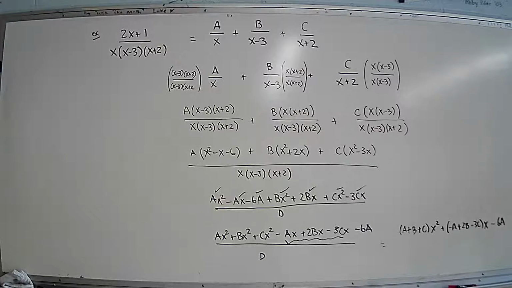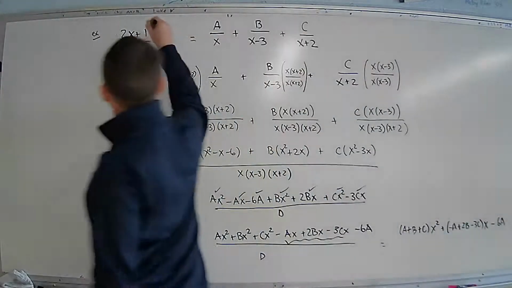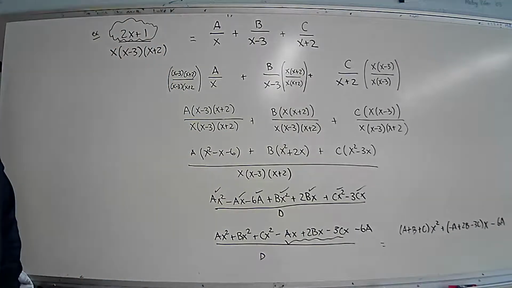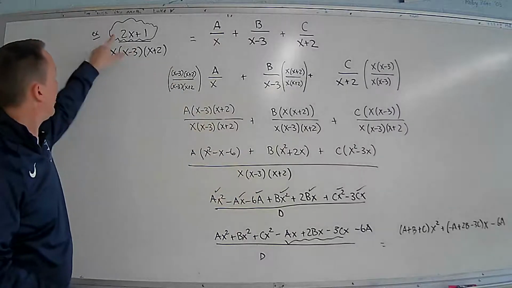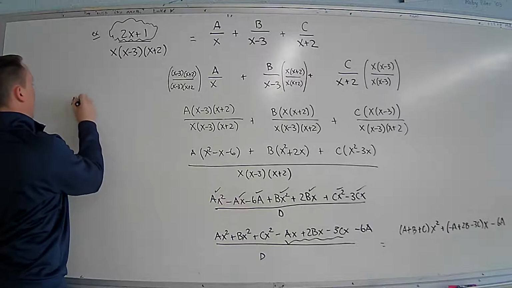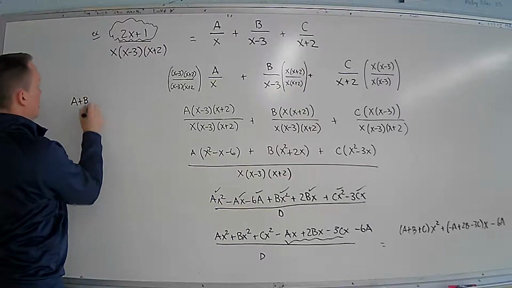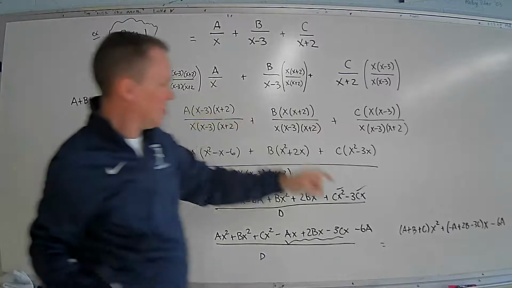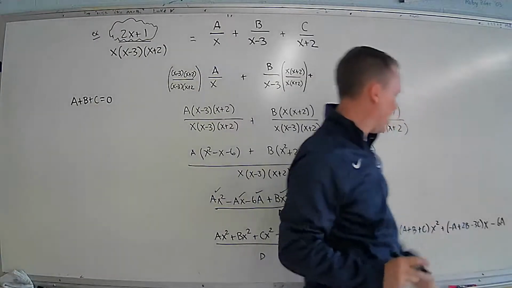So now we can do this thing with equating the coefficients. We're going to go back up here and we're going to look at this. And we're going to say, all right, what's the coefficient on x squared up here? Oh, there isn't one. So it's 0. So a plus b plus c has to equal 0. Okay? Down here, this is determining the coefficient on x.